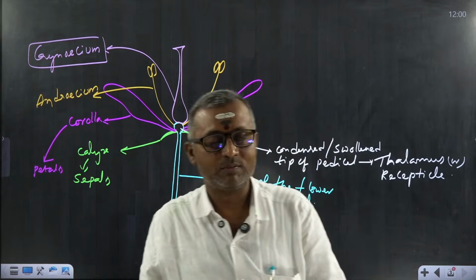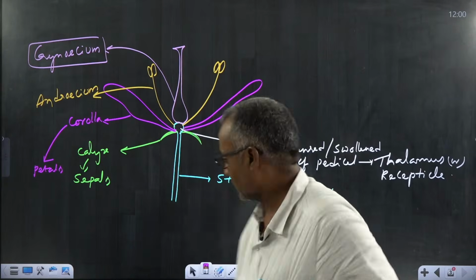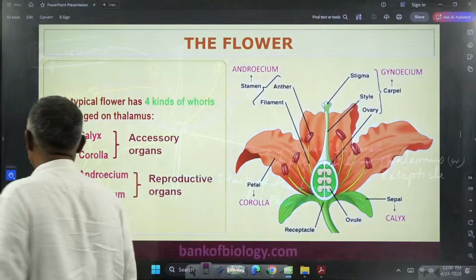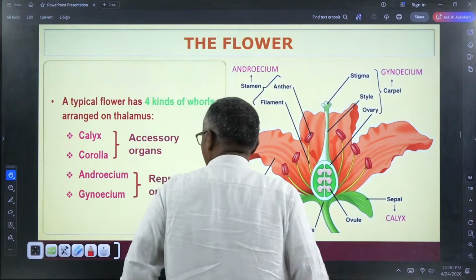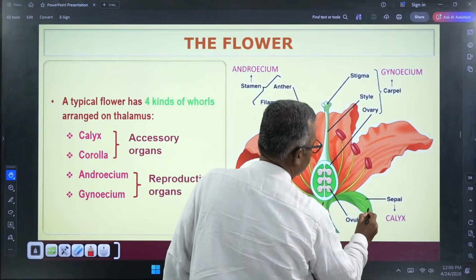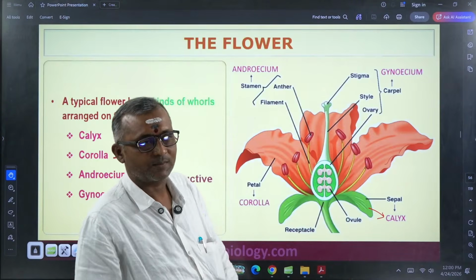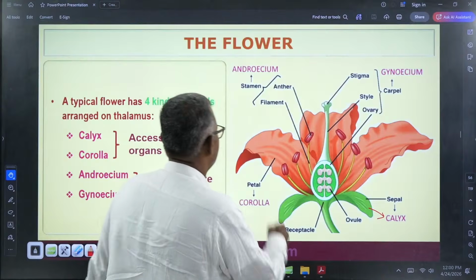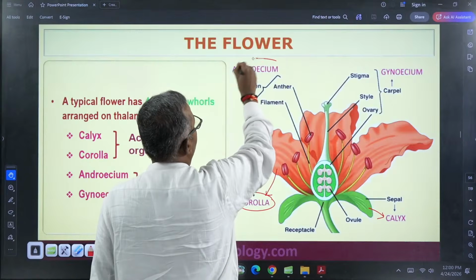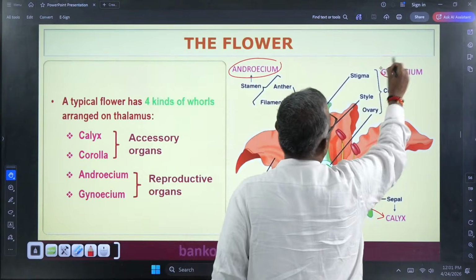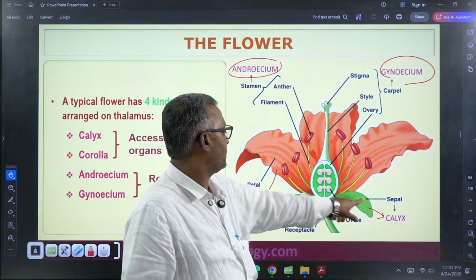I think you might have seen the China rose flower. If you take the China rose flower, I will show you the diagram so that it will be clear for you. Look here. Now this is calyx. This green colored structure in any flower is the calyx. Next, these are corolla, these are androecium and this is gynoecium. Say, for example, there are two sepals here.